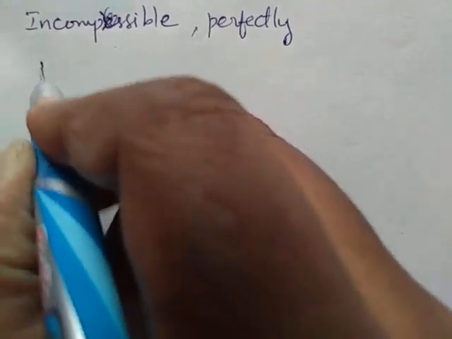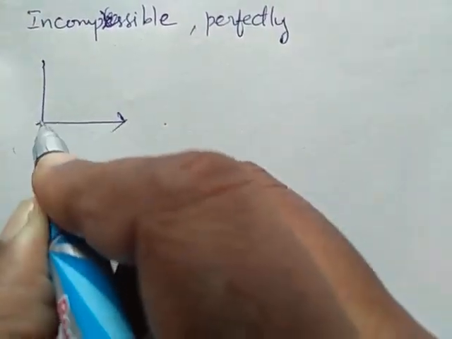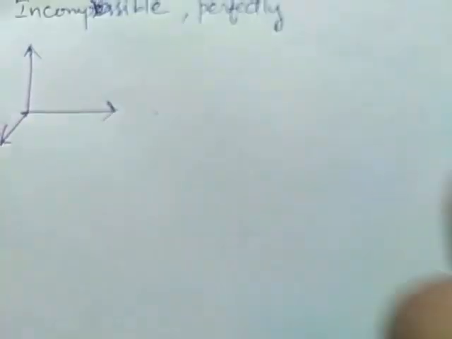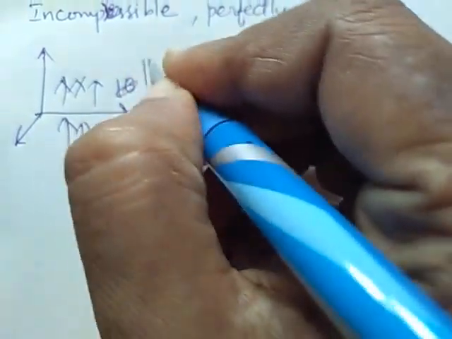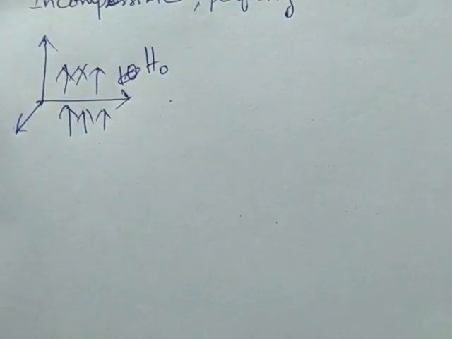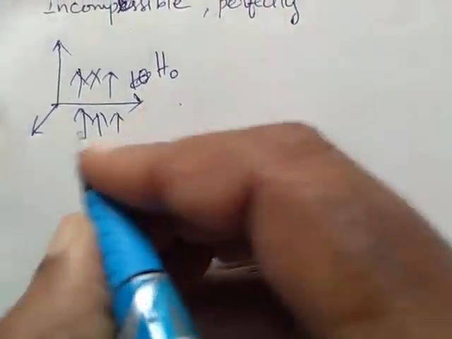So we are considering a fluid flow. Vertically upwards we are applying a magnetic field of strength H naught. So this is our axis. We have x axis, y axis and z axis.